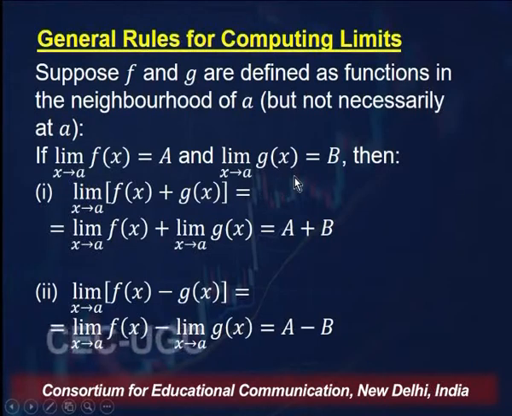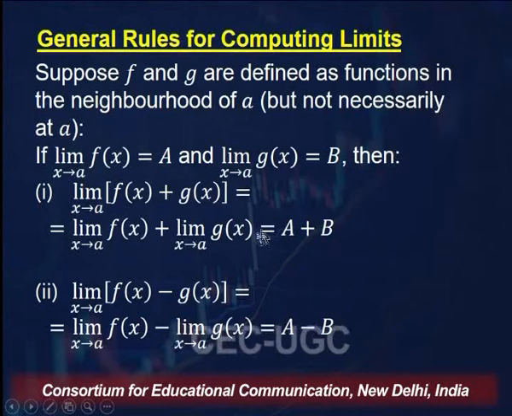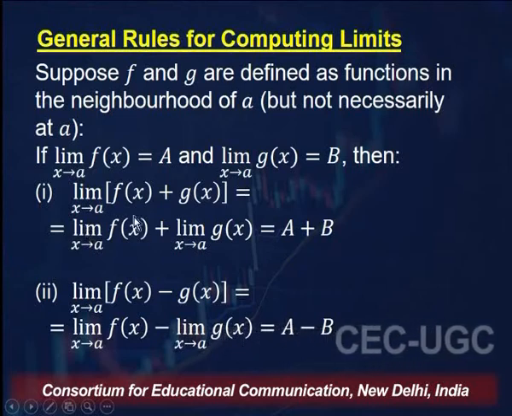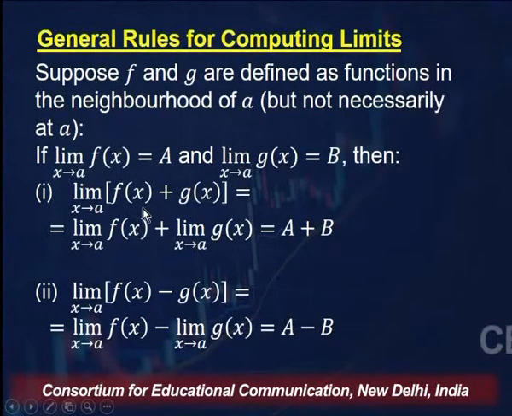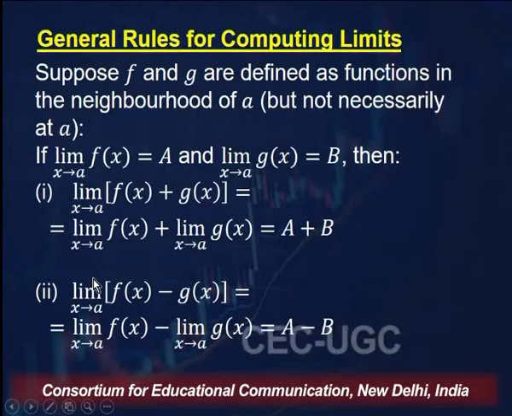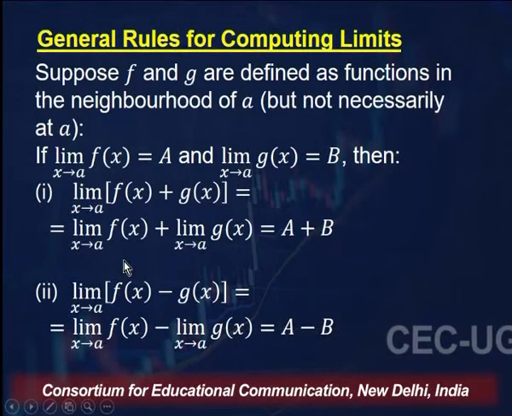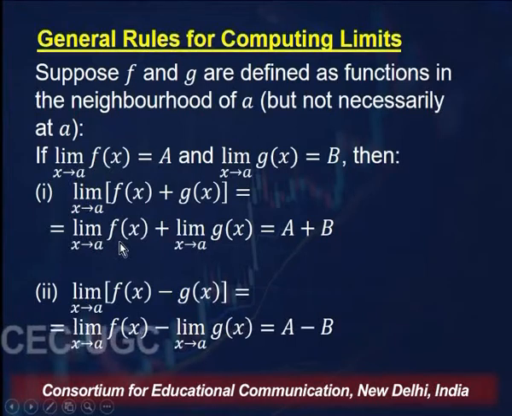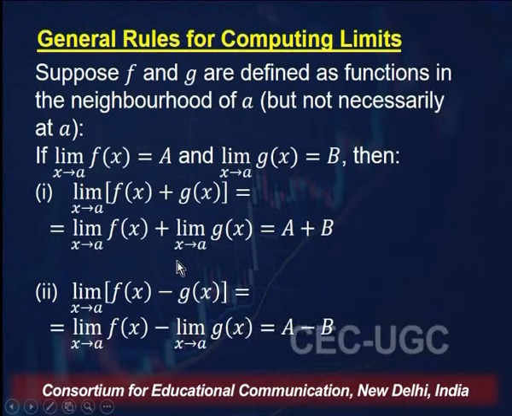The limits exist here. The first rule says that the limit of the sum of the two functions, so if I take f of x plus g of x as x tends to a, that is nothing but the sum of the individual limits. So that is nothing but the limit of f of x as x tends to a plus the limit of g of x as x tends to a.